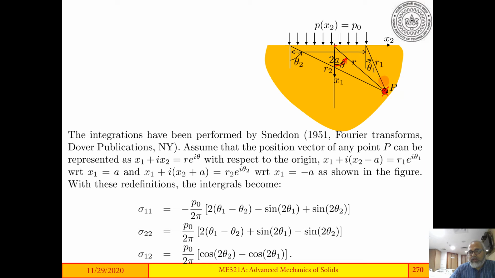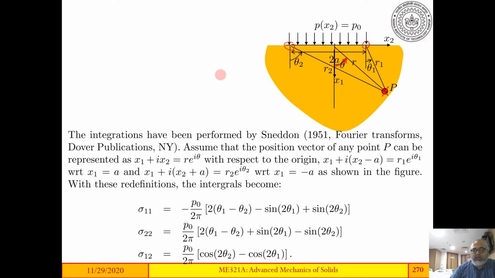Similarly, r1 is the distance from the right edge of the load, and theta 1 is the angle that it makes with the x1 axis. Theta 2 is the angle from the left edge of the load, and r2 is the distance from the left edge of the load.